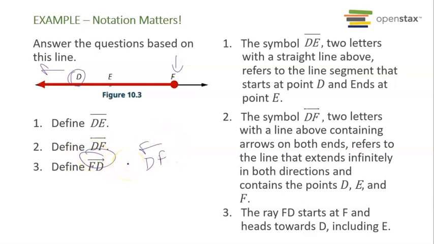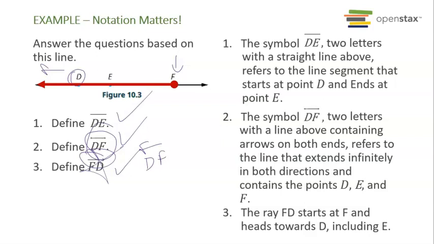Either way is fine. So we've got points, segments, rays, and lines. I'll be honest, rays are not all that popular out in applications. Usually you're looking at lines and then breaking up those pieces.